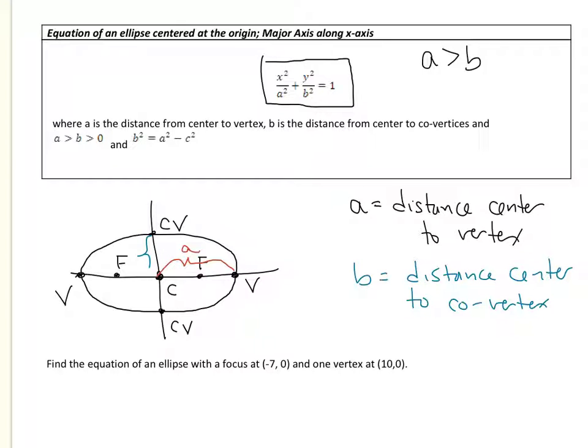So this distance here is b. So those are the things that go into our equation. We have a, which is from center to vertex, and b, which is center to co-vertex.